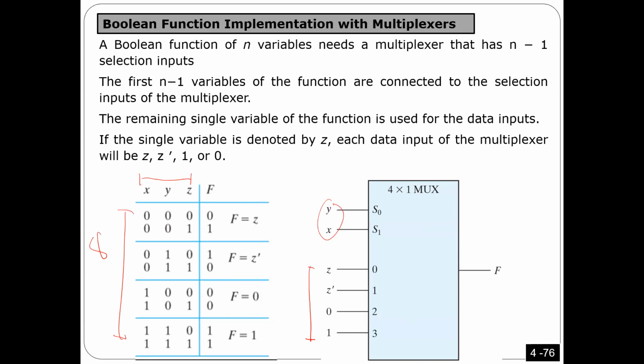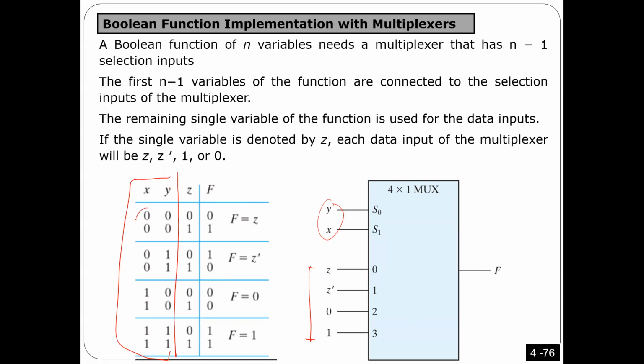The way I'm going to do it, I'm going to connect these 2 to the selector. So the selector has X and Y. Since the selector is 2 bits, I'm going to take the first 2 variables, and then I'm going to use the third as one of the inputs. You will see how. Look here.